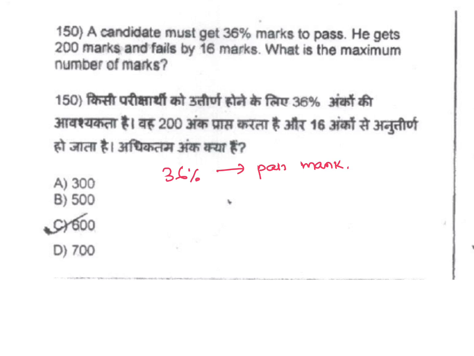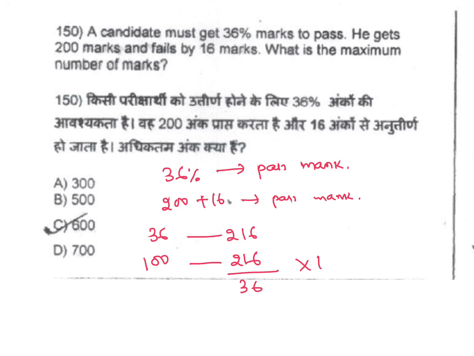So 36% is 216. What is the maximum number of marks, 100%? 216 by 36 into 100. Then 9 into 4 here 2, 6 into 100, 600. Total marks is 600. So C is the answer.